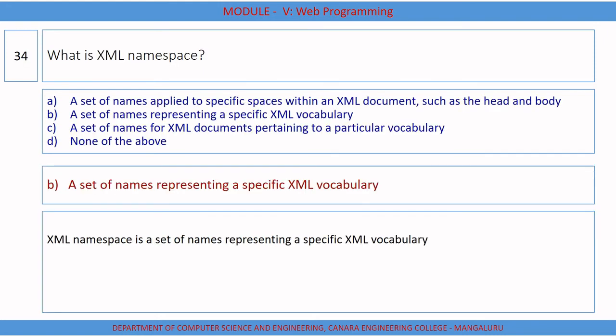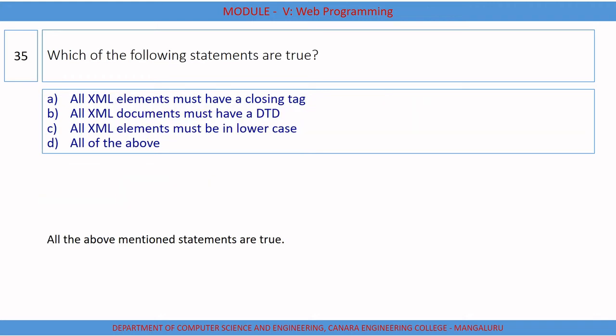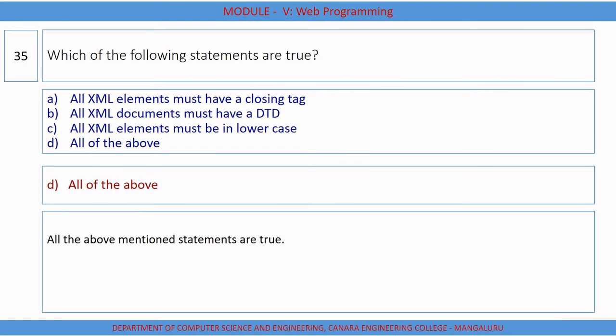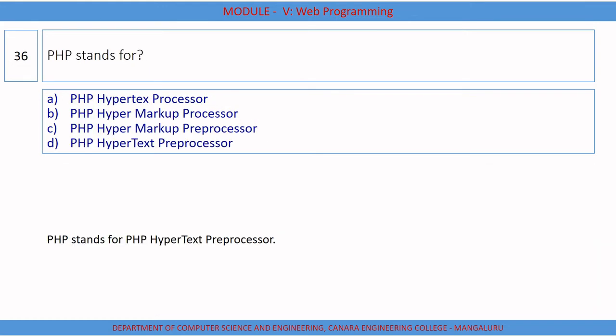XML namespace, a set of names representing a specific XML vocabulary. Answer is B. Which statements are true? All statements are true, because every XML element must have a closing tag, every XML document must have a DTD, every XML element must be in lowercase. So answer is all of the above.